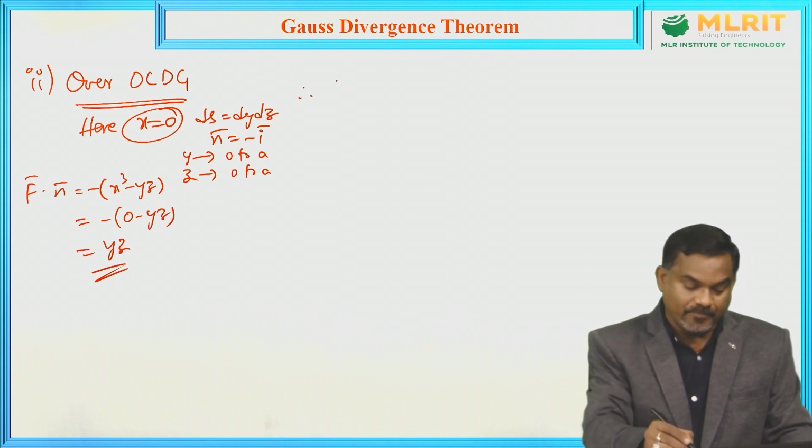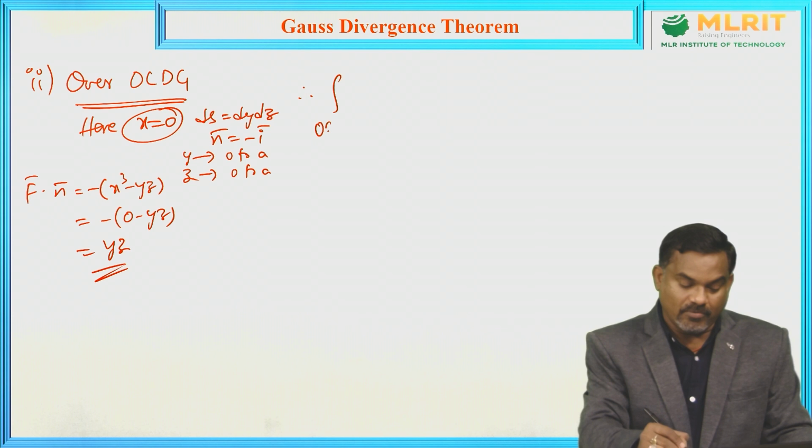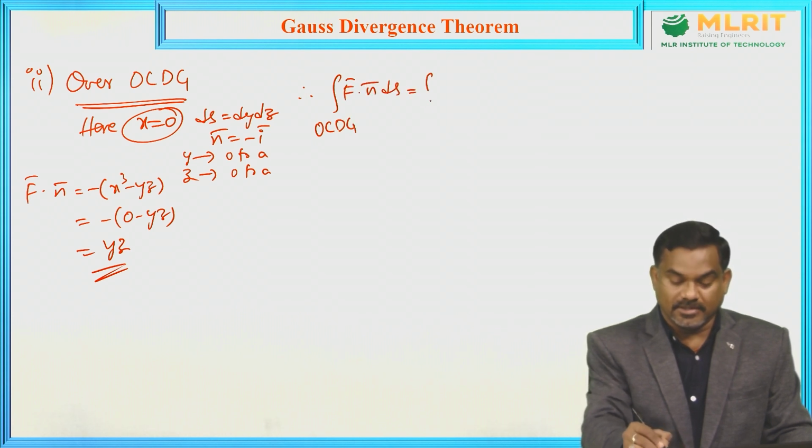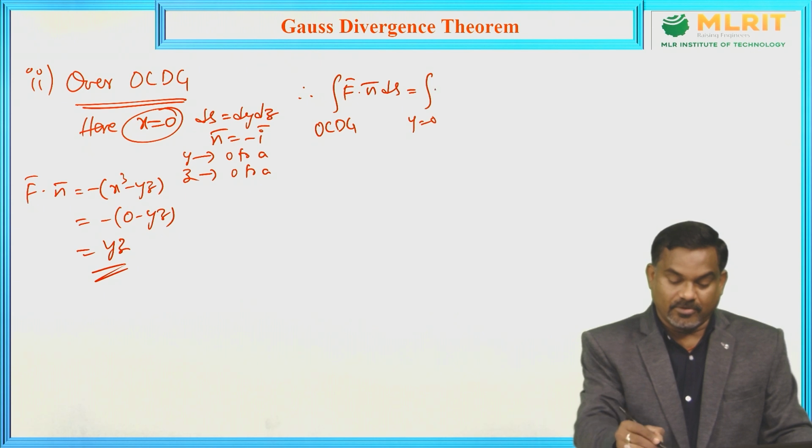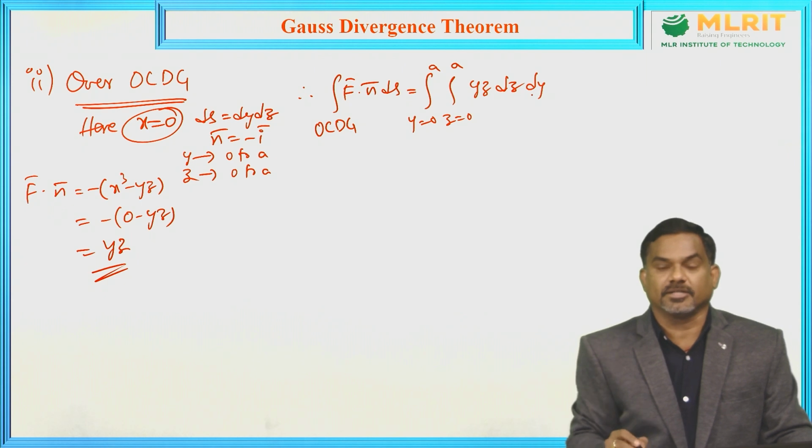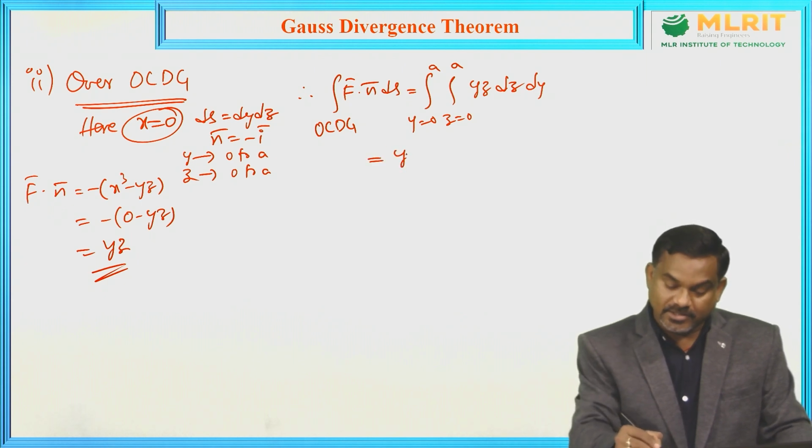So therefore the surface integral over the face OCDG of f bar dot n bar ds is y from 0 to a, z from 0 to a, f bar dot n bar is yz, first with respect to z, then with respect to y. Let us integrate. Integral y from 0 to a, first with respect to z.